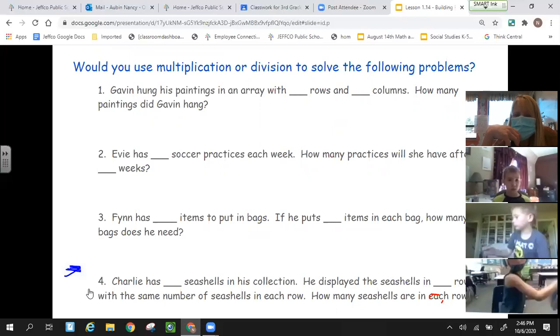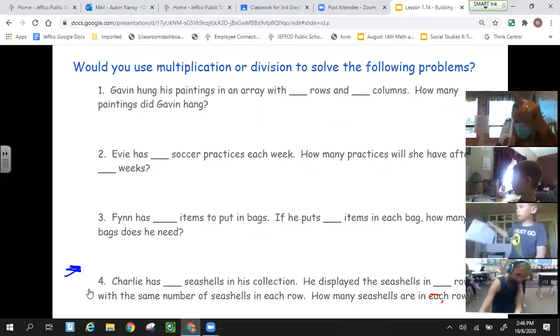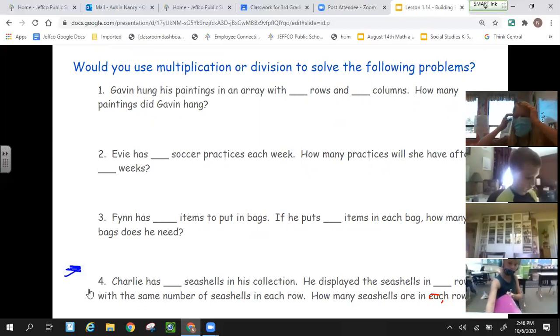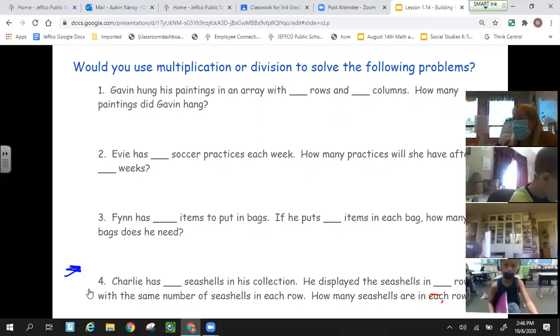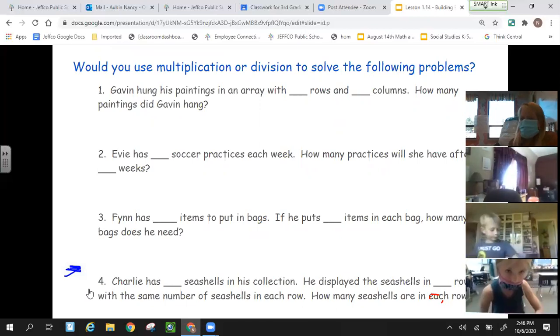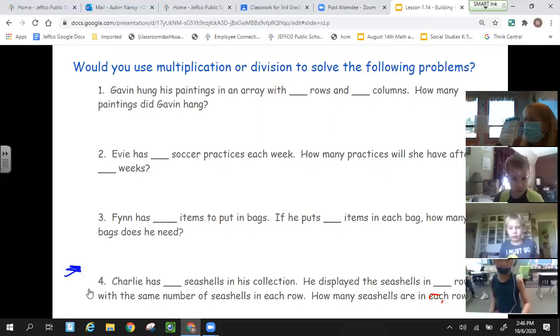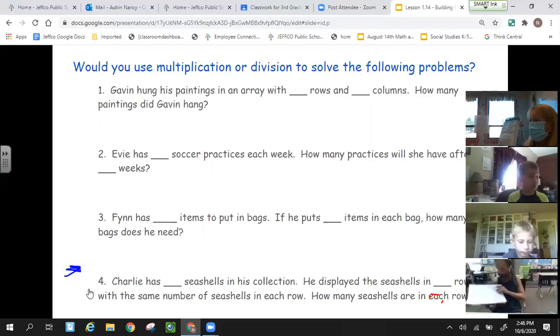You are going to write an X for multiplication or a division symbol if you think you would divide. You will notice, Finn and Josh, that there are no numbers, so we are not solving these. This is just a quick, how do we know whether to multiply or divide? We are looking for clues.